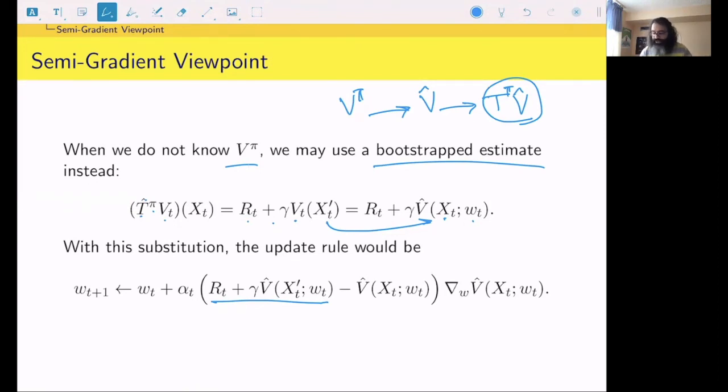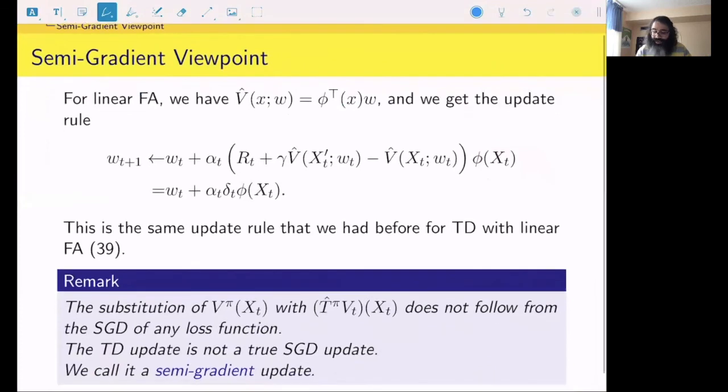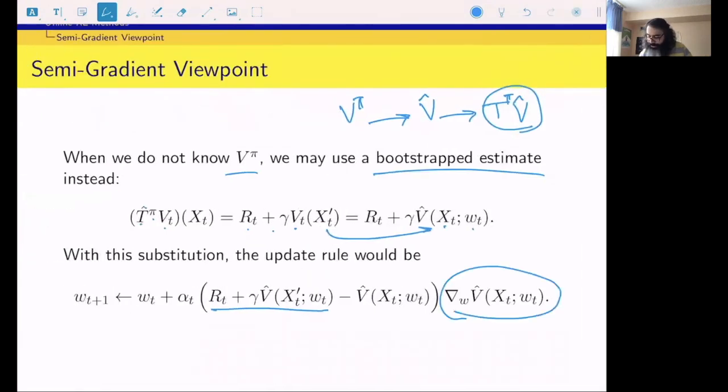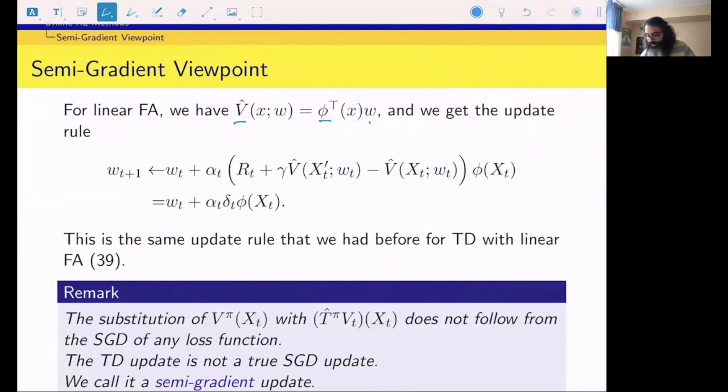Okay, so this is fine. We can do this. If we have a linear function approximation, so V hat in the form of φ transpose W, the update rule becomes the following. The gradient with respect to W becomes φ of X_t essentially.